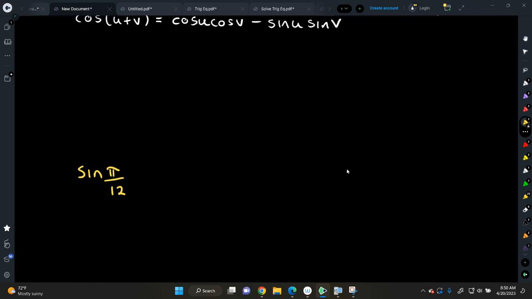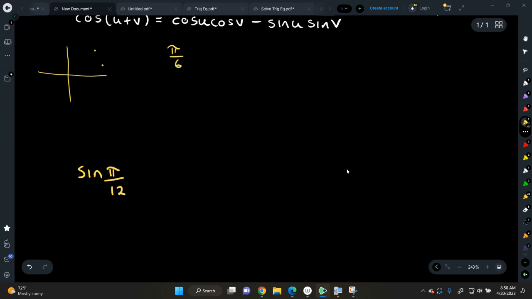If you think about your unit circle, this is pi over 6, and then I have pi over 4, and I have pi over 3. So somehow can I combine those to equal pi over 12?